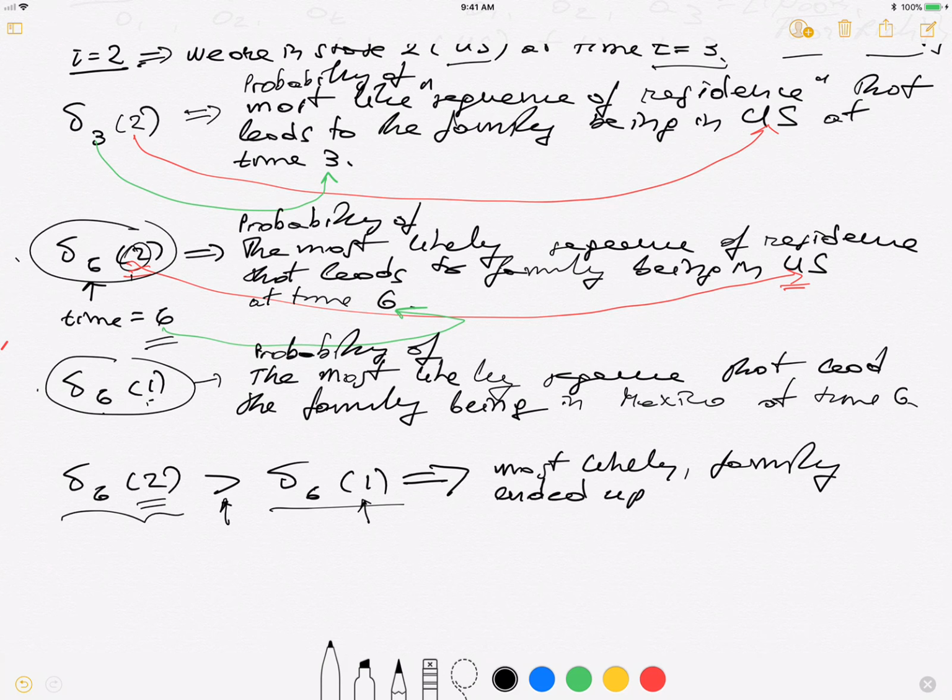In the state where this probability is higher. So, which means in state 2, and 2 indicates United States.